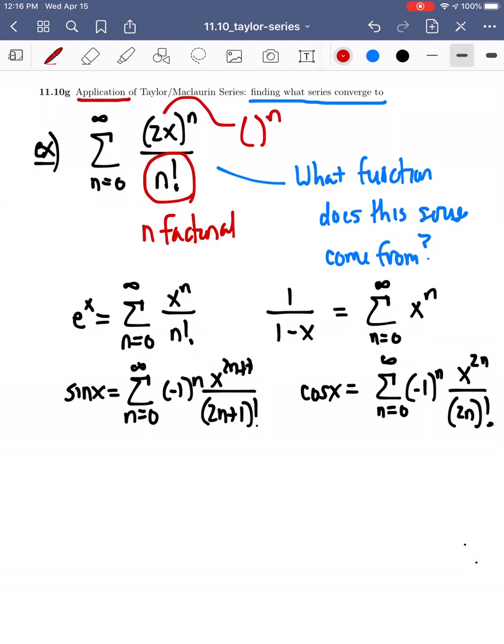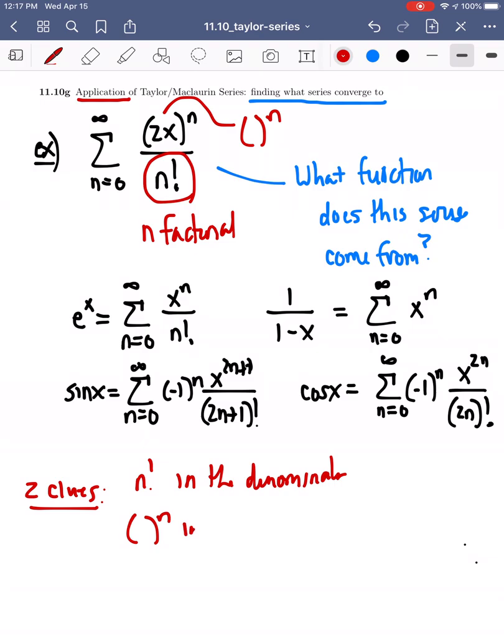So with those two clues, we try to correlate this series to whatever function's Taylor series we know. For example, a Taylor series that has n factorial in the denominator, and where we have stuff raised to the power of n in the numerator. And this series is, of course, our exponential.